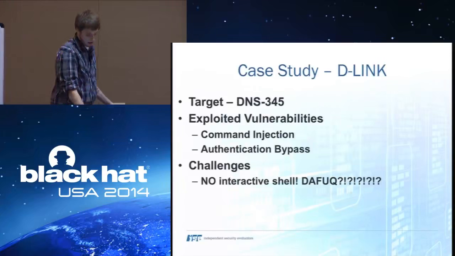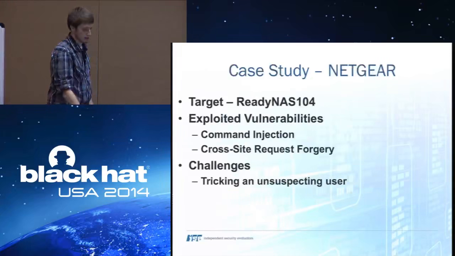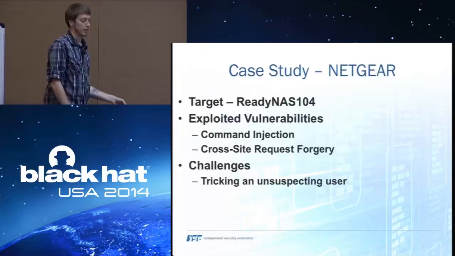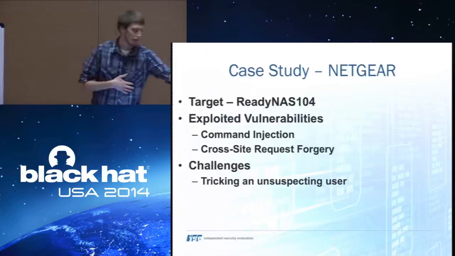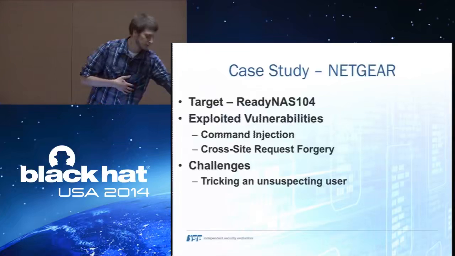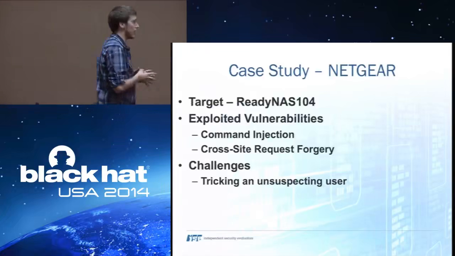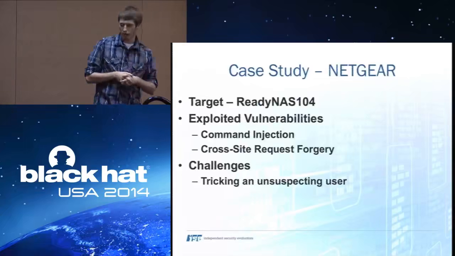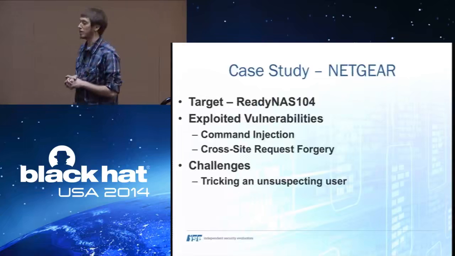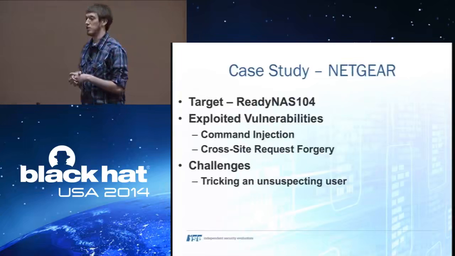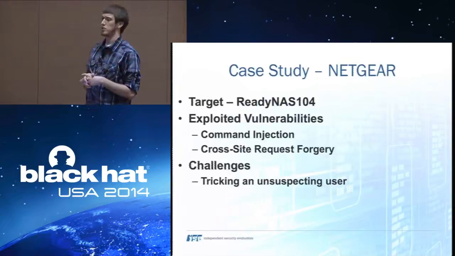So yeah, we're going to move on to our next case study now. And this is the Netgear, and it's this device right here. We just exploited this D-Link. Doesn't really matter. This Netgear is a ReadyNAS. Within the past year, I believe somebody from Tripwire found an unauthenticated command injection vulnerability in the login page or the password reset page.